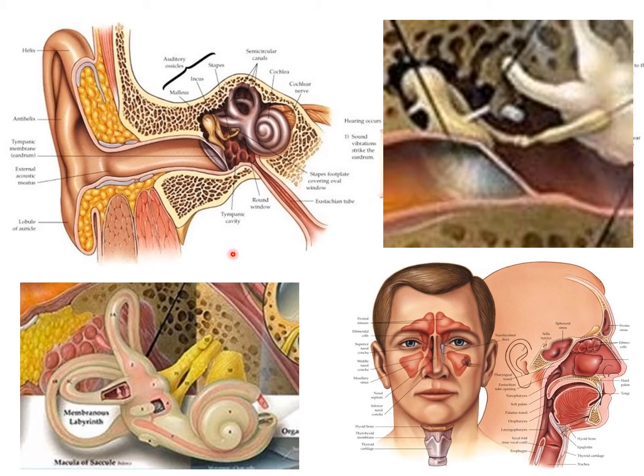The external ear consists of the ear and the canal up to the eardrum. The middle ear is behind the eardrum and contains three small bones. The inner ear consists of the membranous labyrinth, consisting of the organ of balance and the organ of sound.